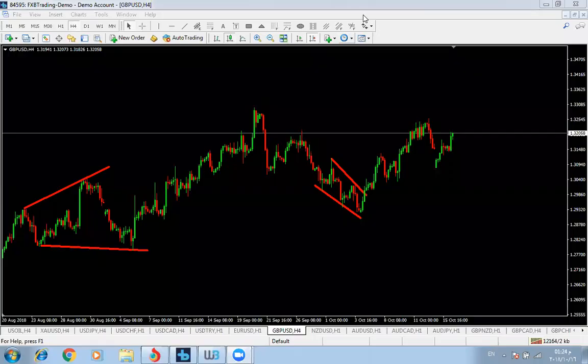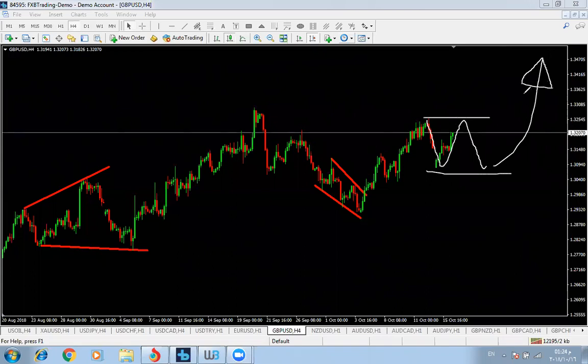Then the price is moving in this direction like this, where we can see price moving like this, a smaller correction, then the price is kicking to the upside. So shorts should be done very carefully, and our concentration and focus should be on long positions.